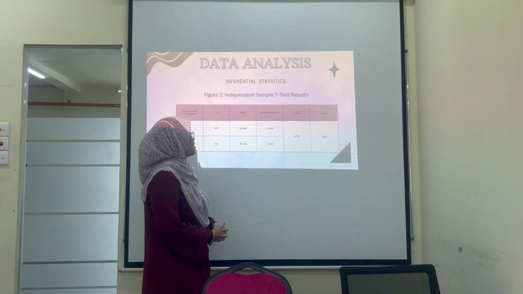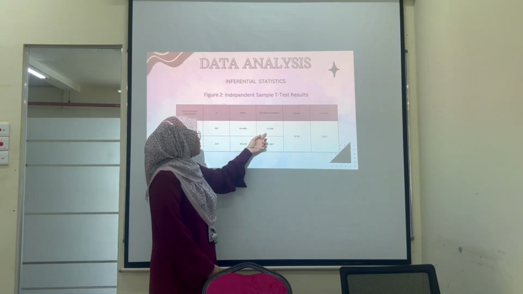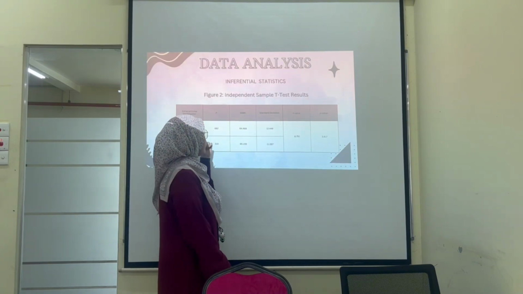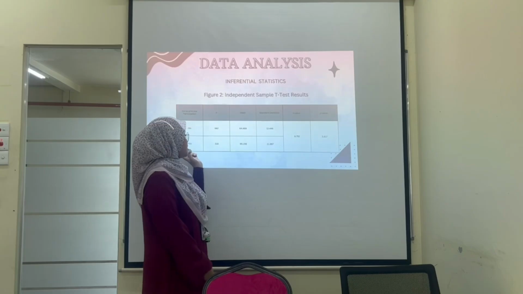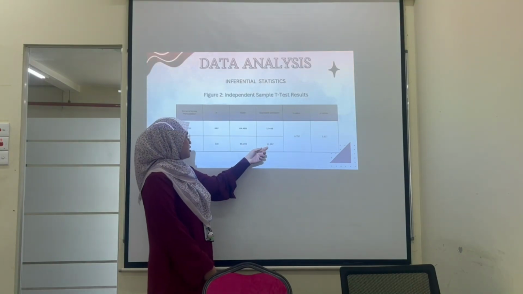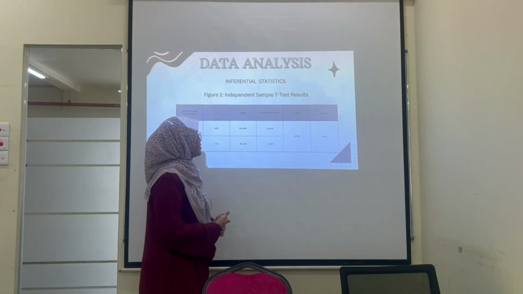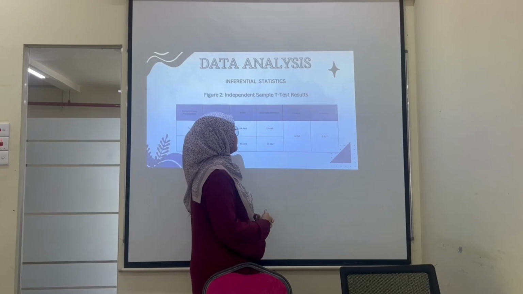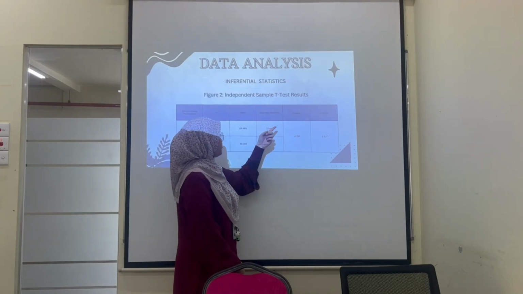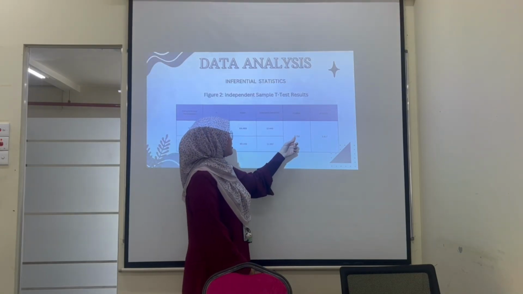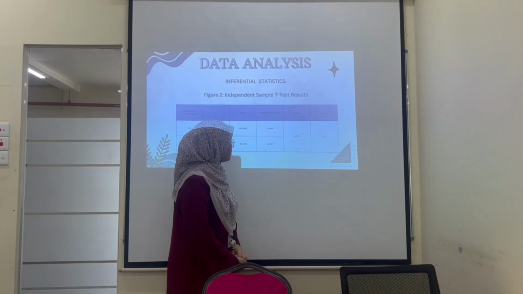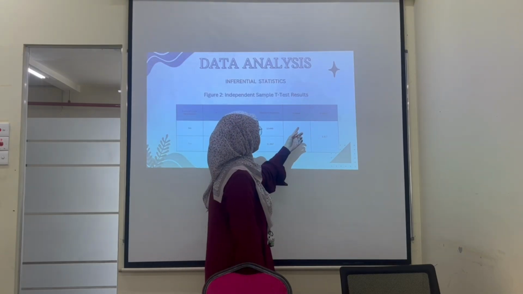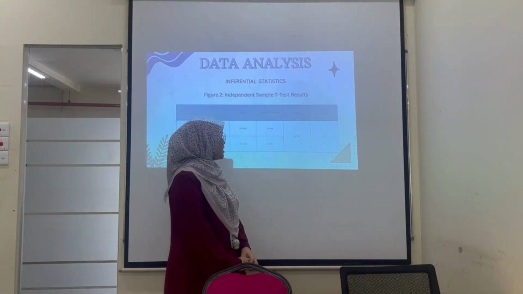For the standard deviation, it is 12.446 for no participation and 11.867 for yes participation. For the t-value, they get 8.752, and for the p-value it is 3.817.